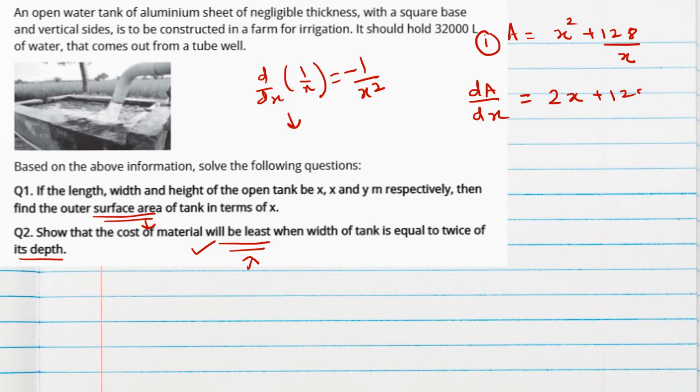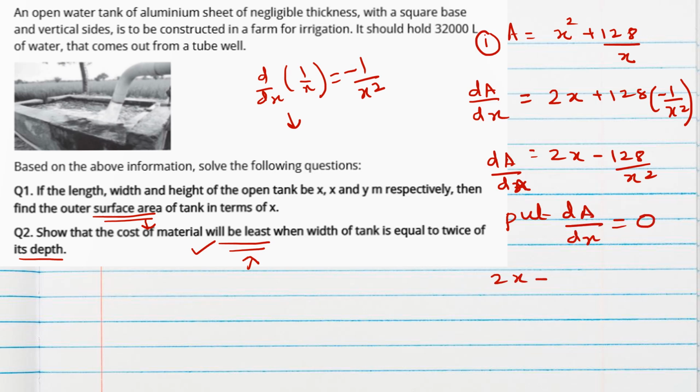So 128 times minus 1 by x square. So 2x minus 128 by x square, this is dA by dx. Now to find the critical point, we will equate it with 0, put dA by dx as 0.